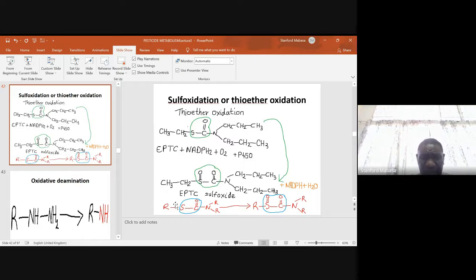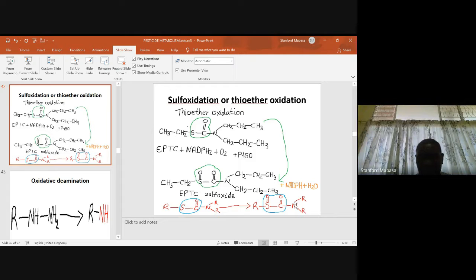We can have a simplified version of sulfoxidation here, where we have put a circle around where we find S, then we put oxygen where we have this S, and we would have deactivated that herbicide.